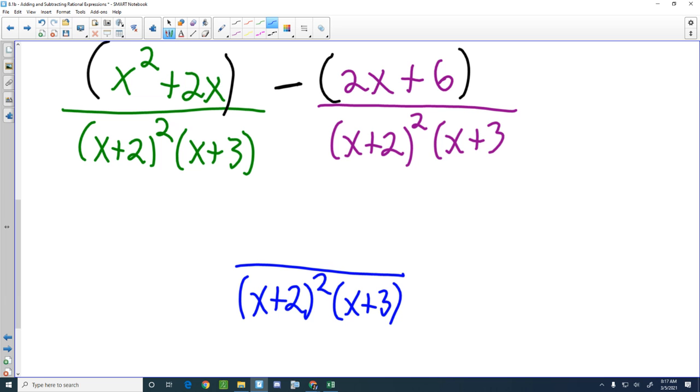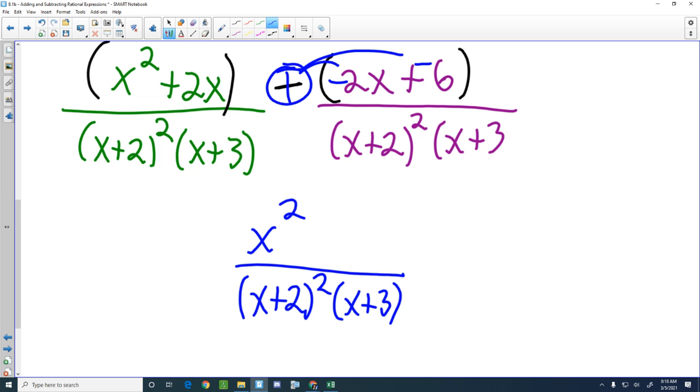But now in the numerator, are there some like terms? Well, starting on the left, I have an x squared. Are there any other x squareds up top? No, so I'm just going to bring that x squared along. Now, I have a 2x, but I'm subtracting another 2x. So it's like I'm distributing, and this is a negative 2x and a negative 6. If you want, change it to a plus and flip the signs of everything to the right of it, if that helps you.